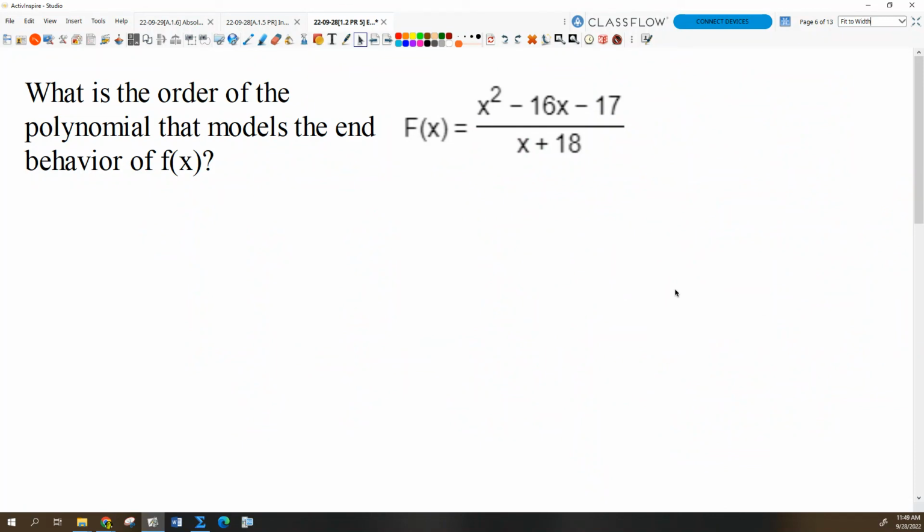How about that one? Is that worth dividing out? It is, isn't it? Right? Okay. Try it real quick.